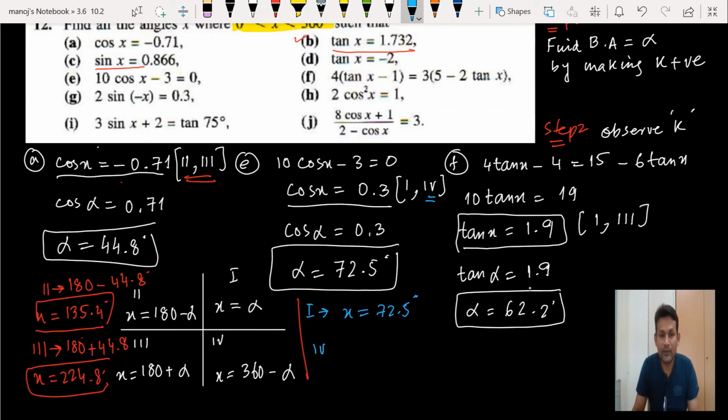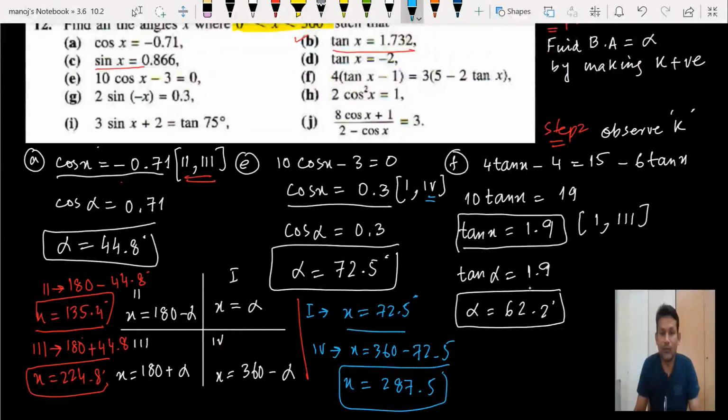In the fourth quadrant, x is equals to 360 minus alpha. 360 minus 72.5, and the answer is coming 287.5 degrees. And we got two angles because the range is from 0 degree to 360 degree.